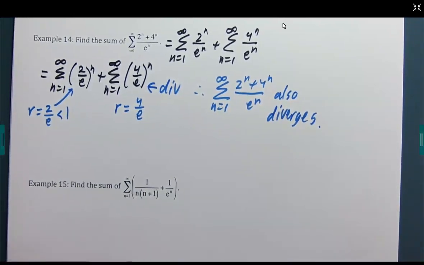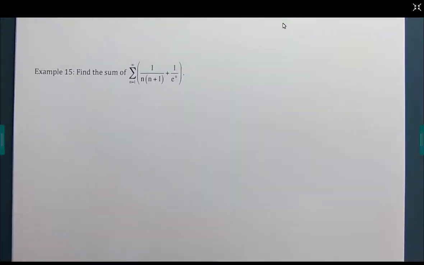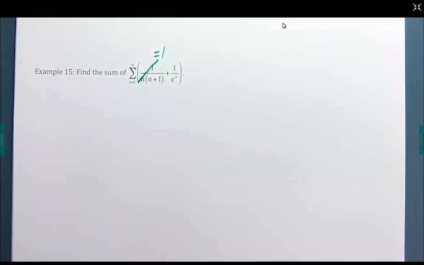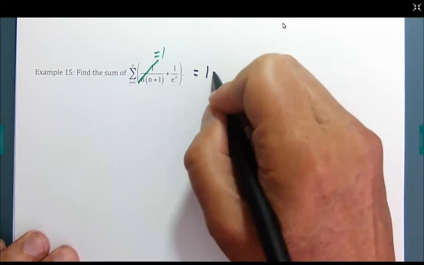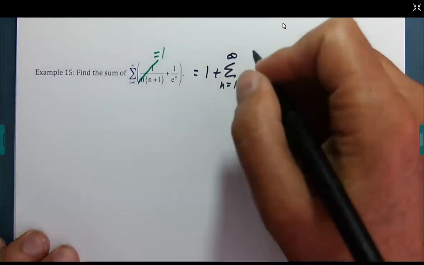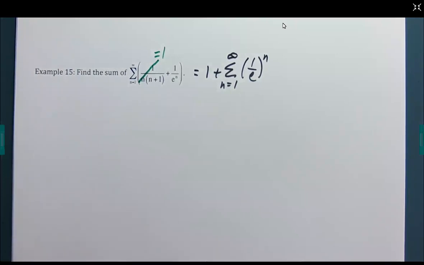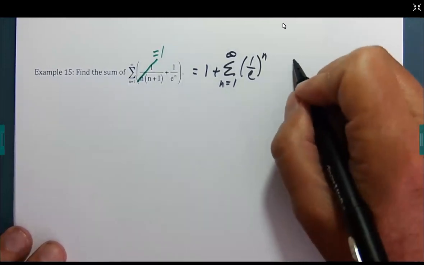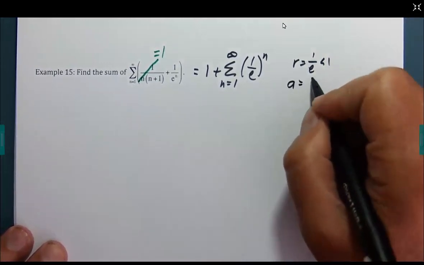Now this next one's nearly identical to the example 13 that we just did. Remember, this part here, we've already proven equals 1. So this becomes 1 plus summation n equals 1 to infinity of 1 over e to the n power. Now, once again, this is a geometric series, and 1 over e is definitely less than 1. A in this case is also 1 over e.